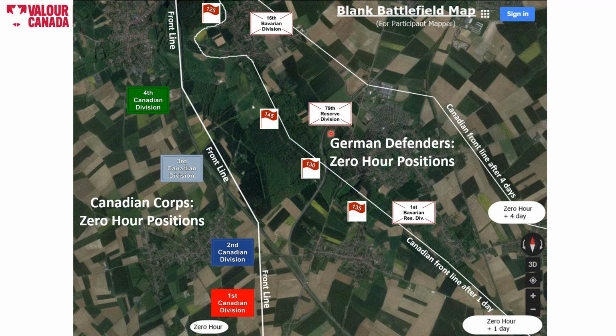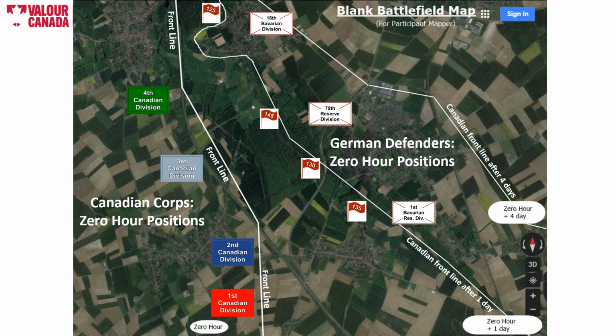Above that, you should have the 79th Reserve Division, just between Hill 145 and the village here. And then at the very top, you should have the 16th Bavarian Division. Just a reminder that this position here was the last to fall. These guys here defended it very, very well. So that's what you have.